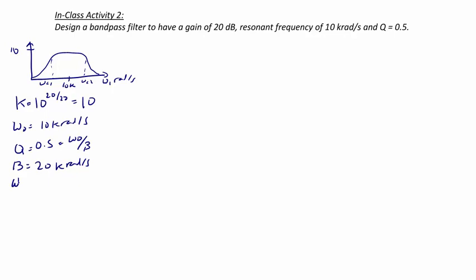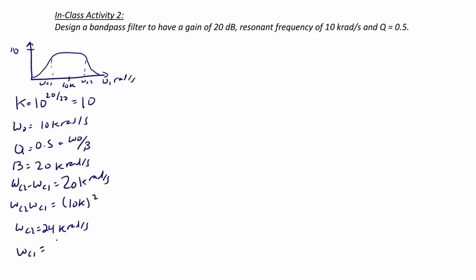So omega C2 minus omega C1 is equal to 20 kiloradians per second, and omega C2 times omega C1 is equal to 10K squared. Solving these two equations, we get that omega C2 is equal to 24 kiloradians per second, and omega C1 is equal to 4 kiloradians per second. Omega C2 is going to be the cutoff frequency for the low pass filter, and omega C1 is going to be the cutoff frequency for the high pass filter.